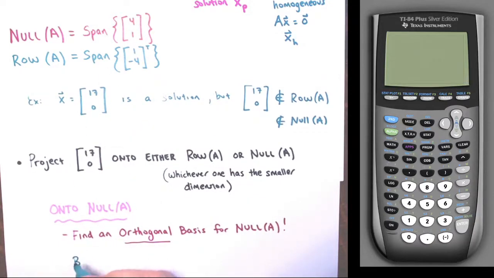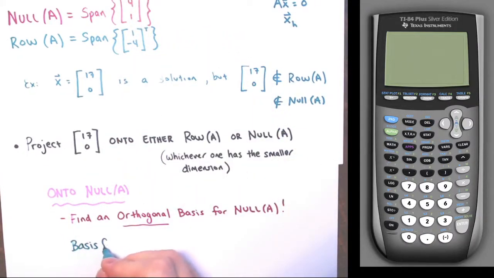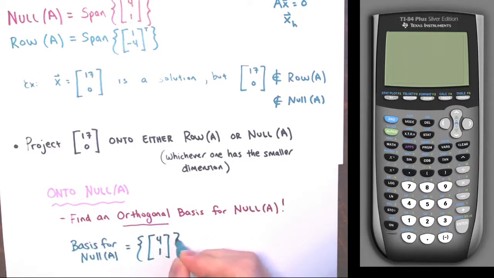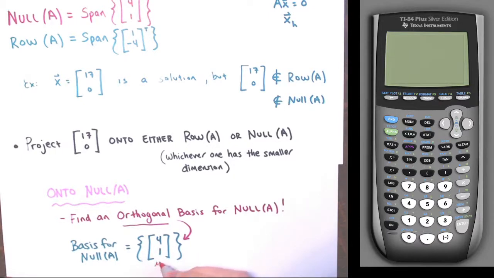Here's a basis for the null space of A: this set with the vector 4, 1 in it. That's only got one vector. Remember, an orthogonal set means every pair of vectors is orthogonal. There aren't any pairs of vectors in here, so vacuously this is an orthogonal basis. I'll call this vector 4, 1 u1.